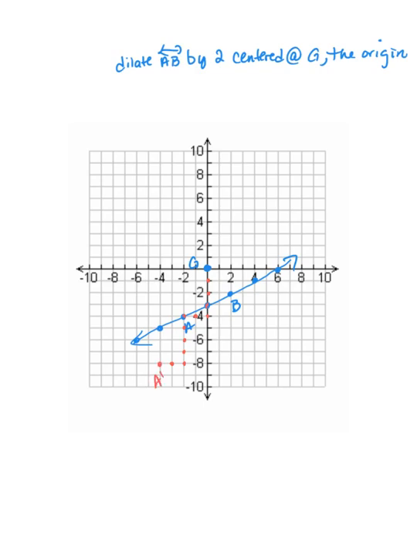Now I'm going to do the same thing from G to B. So I'm going to go down 1, 2, right 1, 2, down 1, 2, right 1, 2, because I'm doubling it. So that's B prime. Now if I connect those up, make a line through them, what do I end up with?